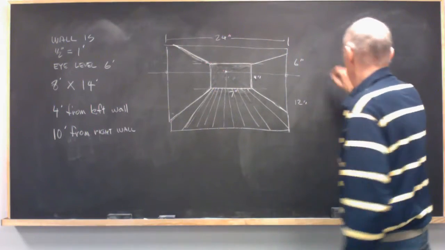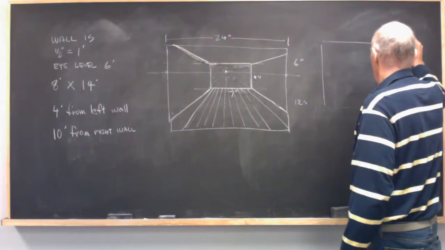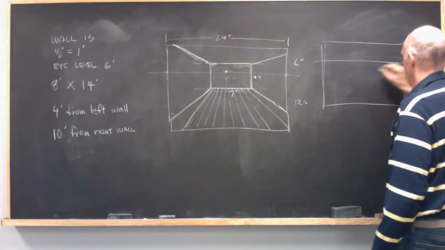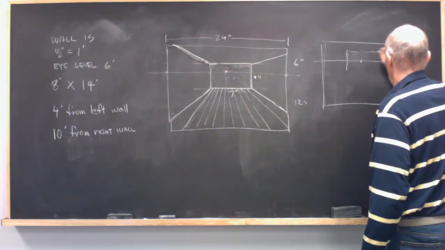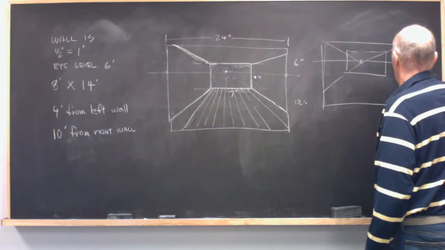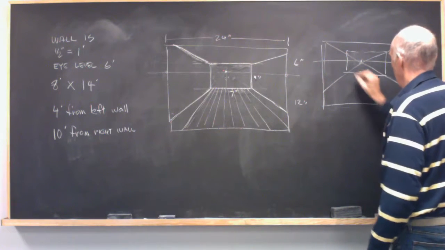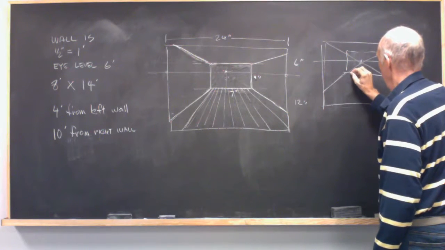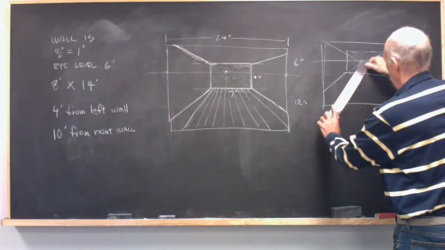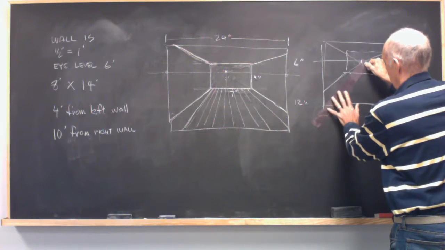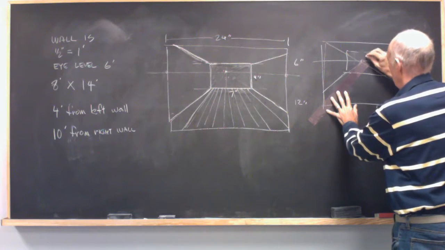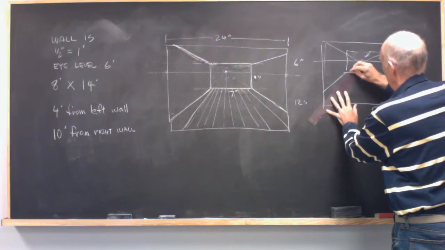Remember, everywhere there's a mark there, you put one end of your ruler on that mark. And you go back to that line of sight vanishing point, and you draw a line.